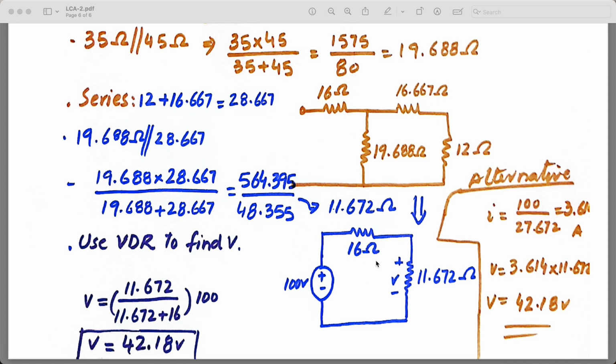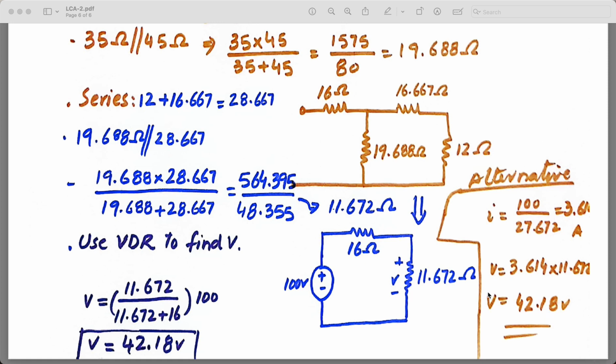Because these are in series, the same current is flowing through these two components. So total voltage divided by total resistance, the current is 3.61 ampere. Then the voltage equals current multiplied by the resistance, and the answer is still the same, 42.18 volt.